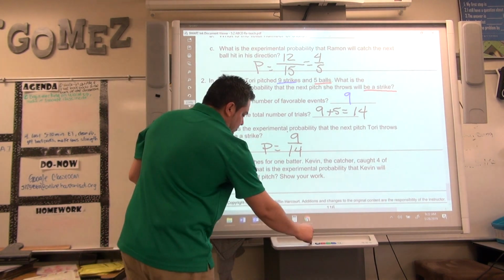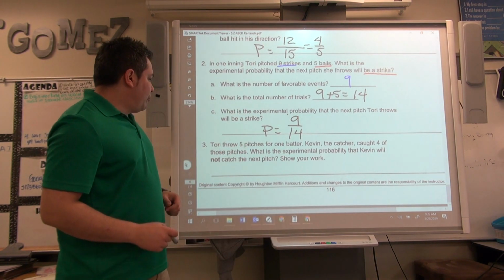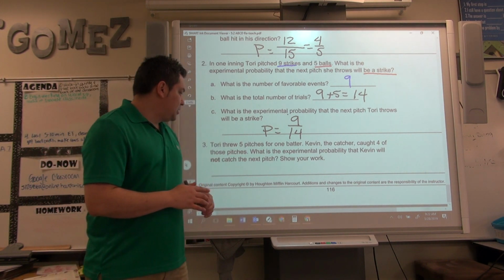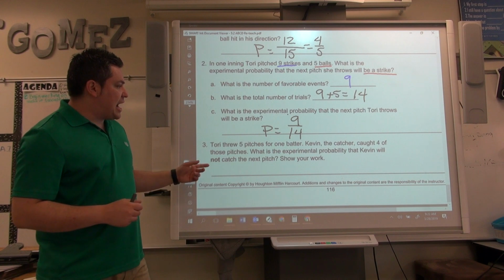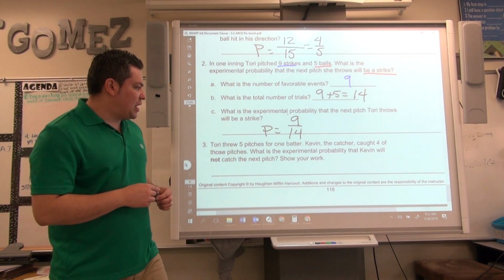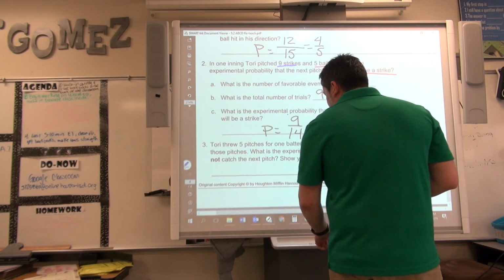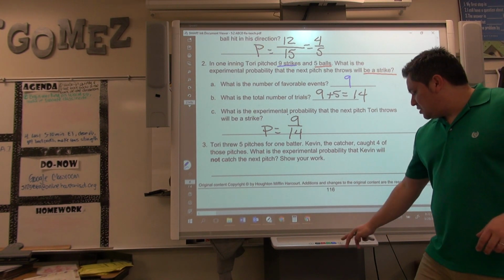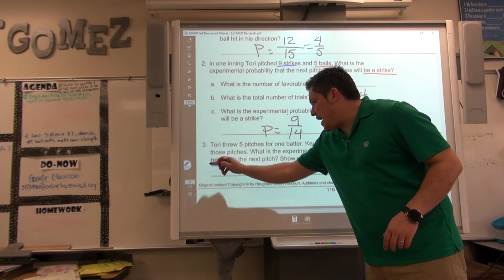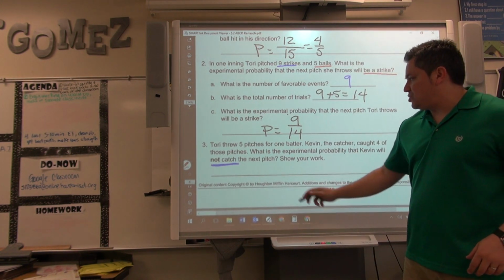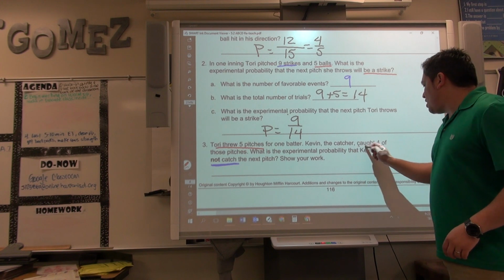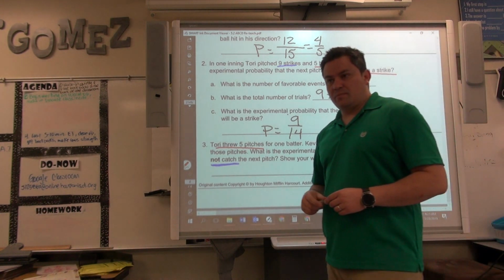And the last one. Torre threw 5 pitches to 1 batter, only 1 batter. Kevin, the catcher, caught 4 out of those pitches. What is the experimental probability that Kevin will not catch the next pitch? Will not catch. Again, let's look at the information. Torre threw 5 pitches, and the catcher caught 4 of them.